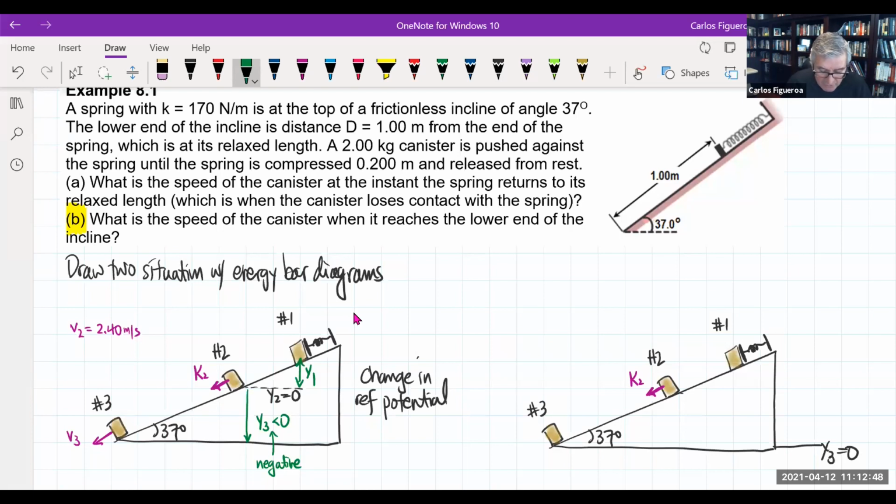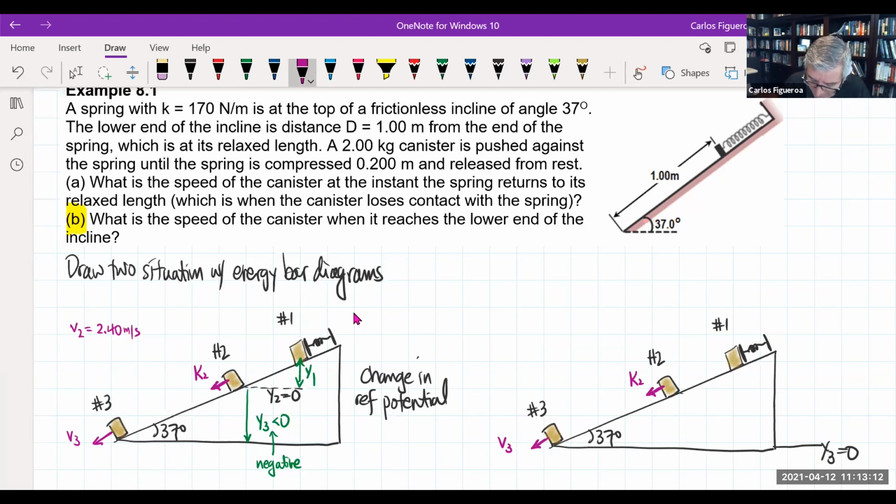The other thing that we can do here is that we could change our reference potential. Remember, we're still trying to calculate the speed of the block coming down right here. The more common thing is to change our 0 from position 2 down to 3.